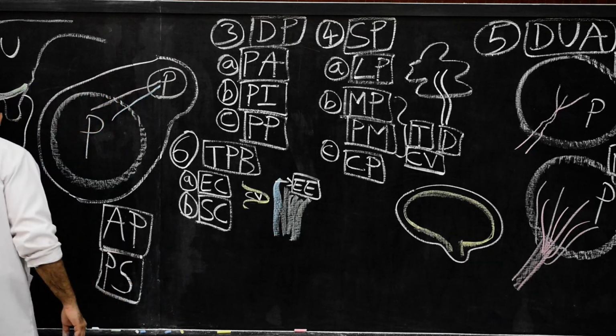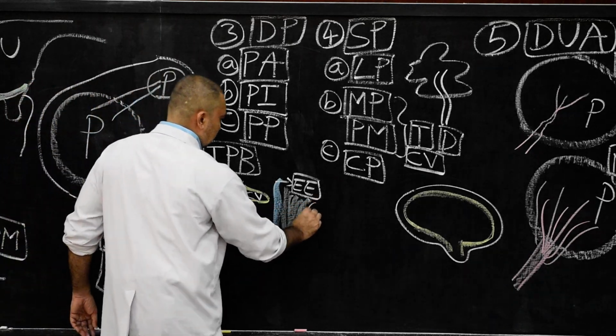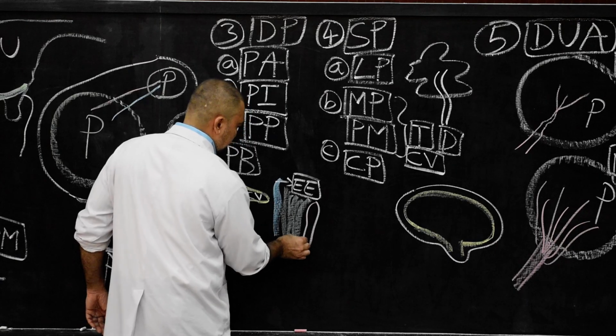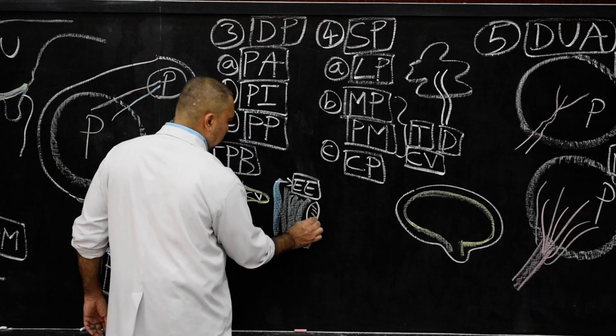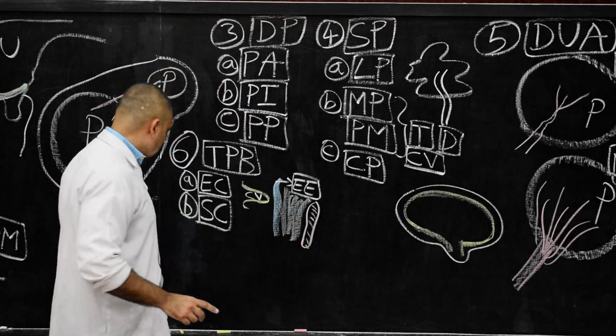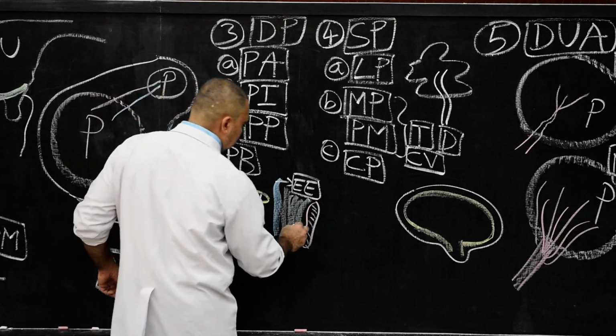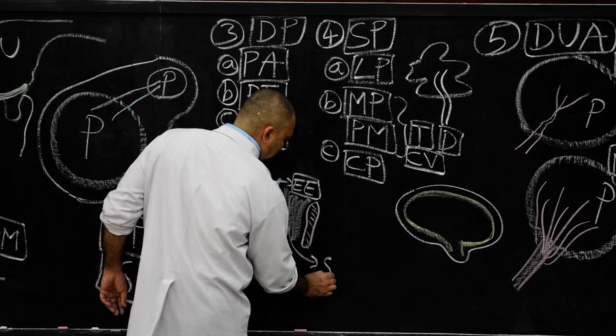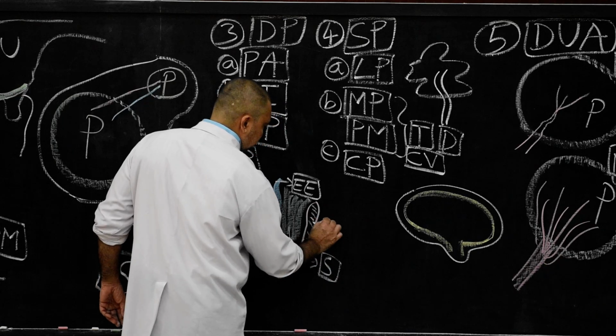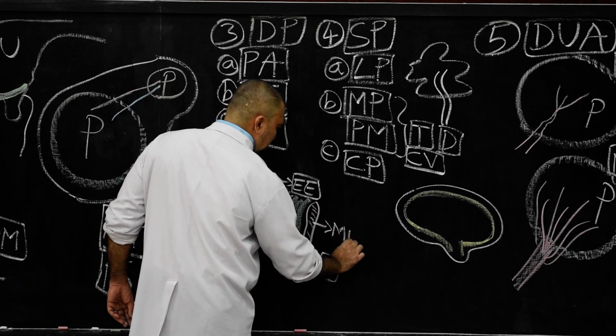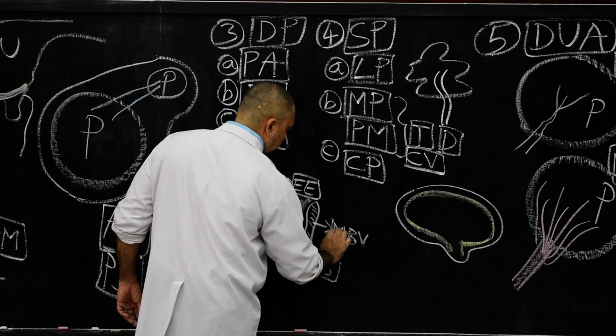So I will show the maternal blood vessel also. Here I am going to mark this as the stromal tissue and this as the maternal blood vessel.